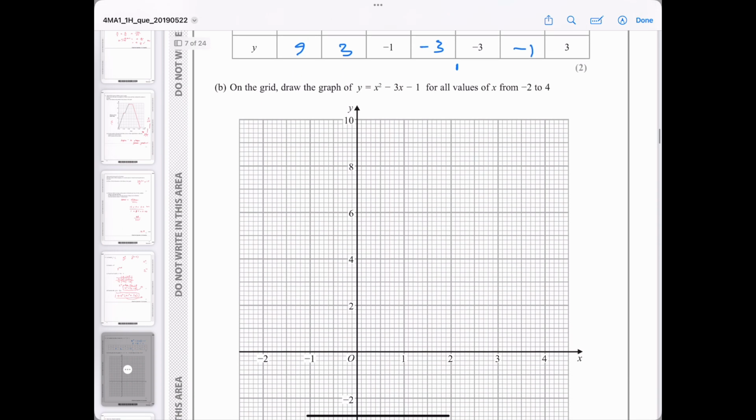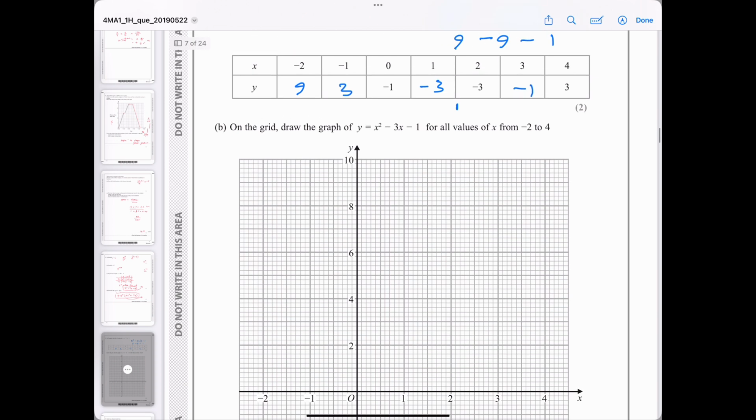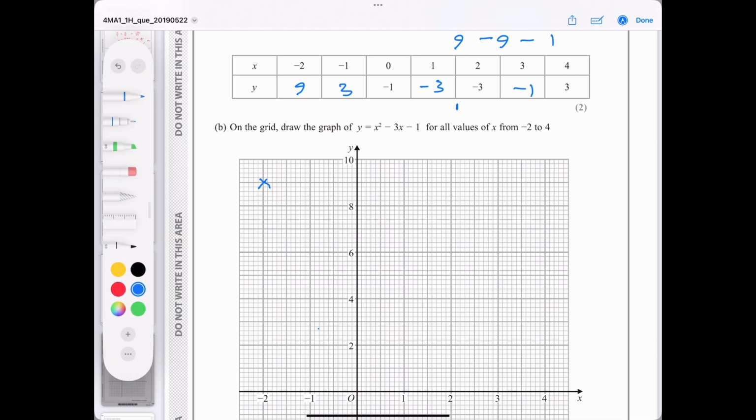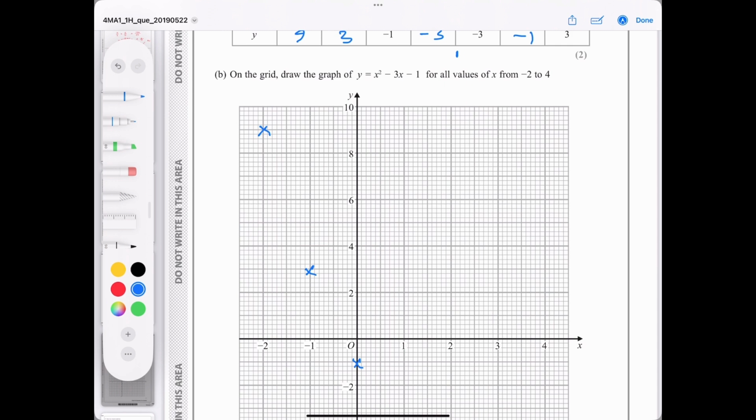So let's always be careful with the scale on these things because they tend to be a little all over the place. So -2 is 9, -1 is 3, 0 is -1. Let's just do that. Then we go to 1, which is -3.